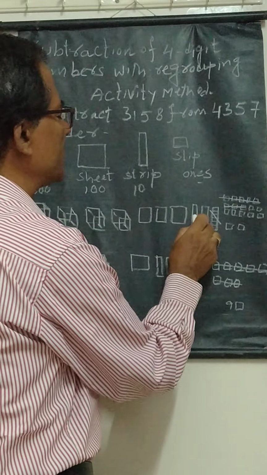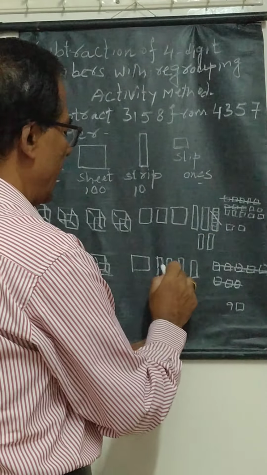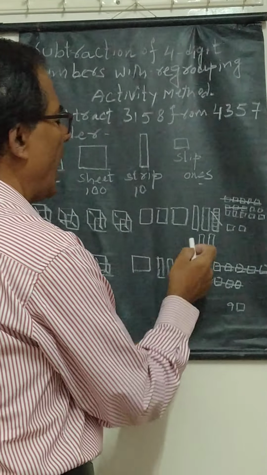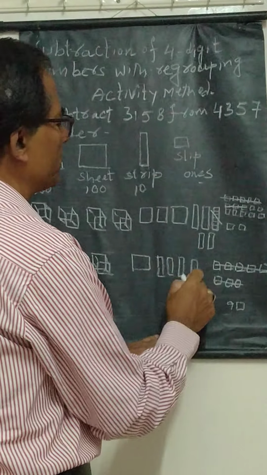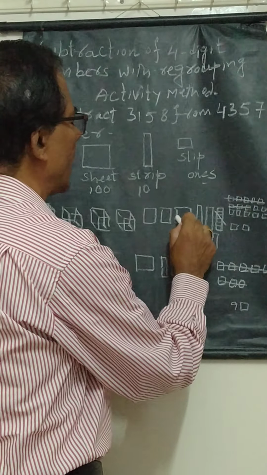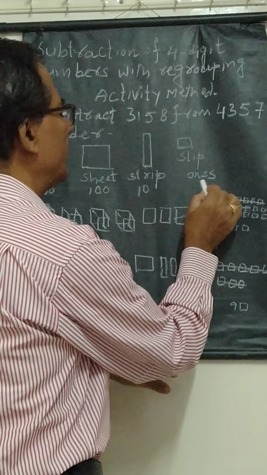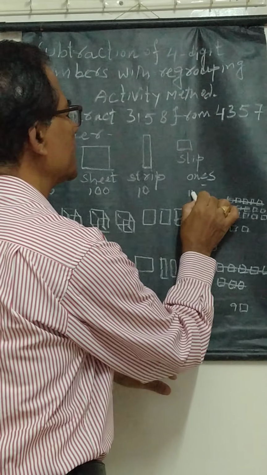Now here how many strips are there? 4, and here 5. Again from 4 strips you cannot take 5 strips. So from 100 you have to cut, and 100 stands for 10 strips.